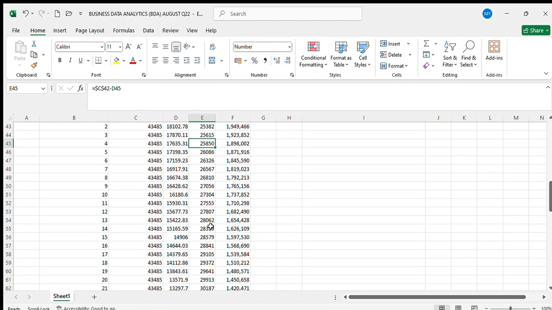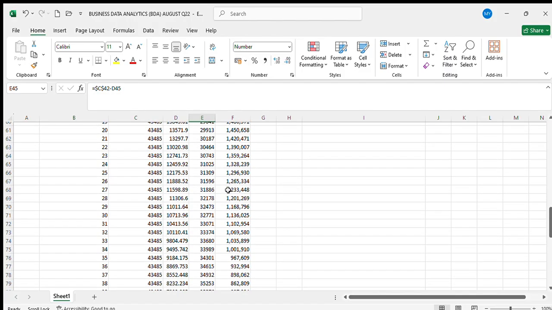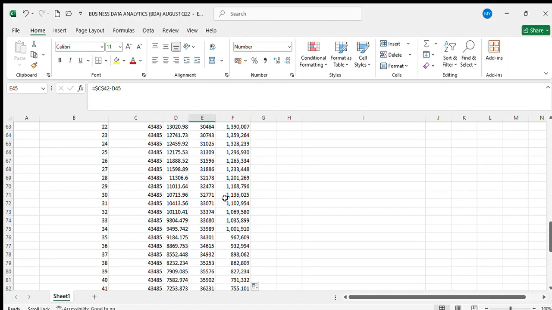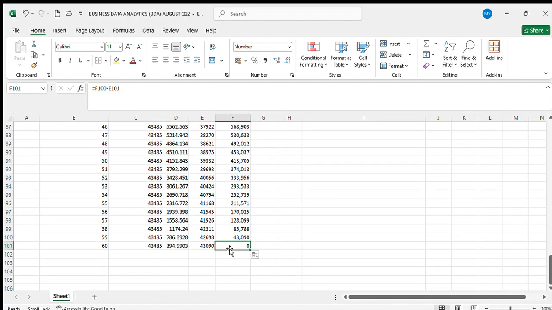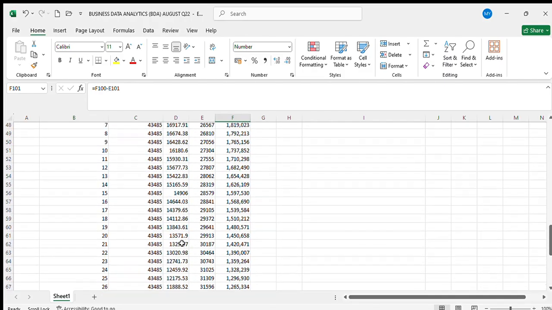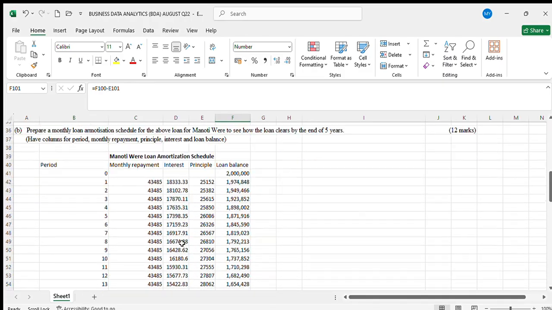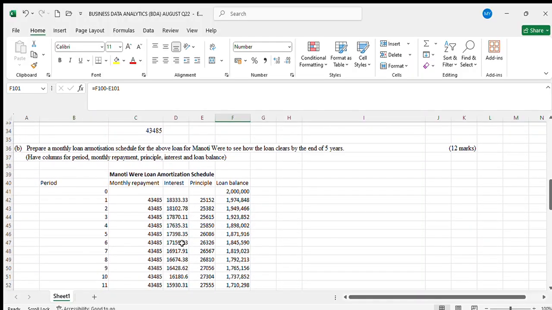This will be my balance. For example, after 20 months, the balance is 1.4. You can see after 30 months, the balance is 1.1. It ends up reducing until it reaches 0. Excel has simplified this. You can see the magic Excel has done.